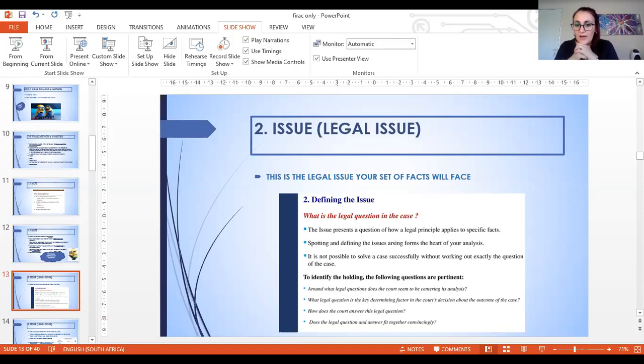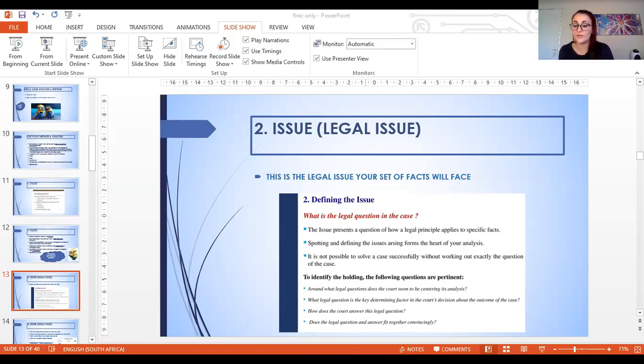So when we identify the issue, we are ultimately identifying what the court needs to answer. And in this case, we can see that the issue is the court needs to tell us whether this reach stacker vehicle is a motor vehicle as identified in the Road Accident Fund Act.